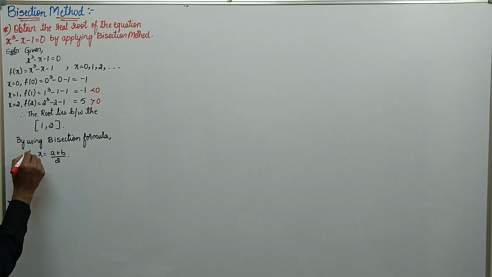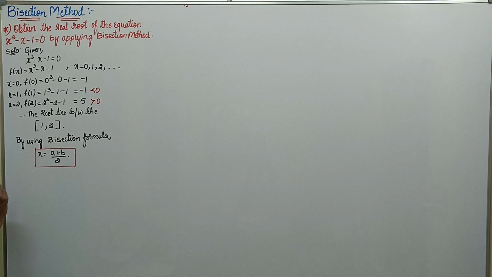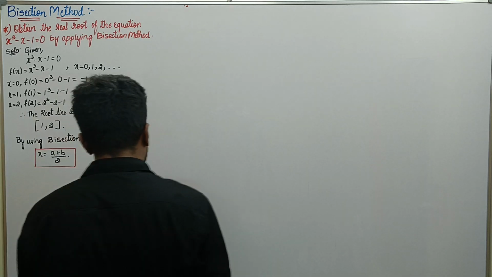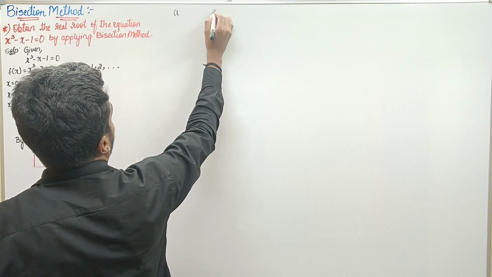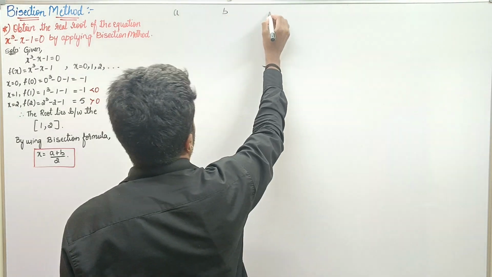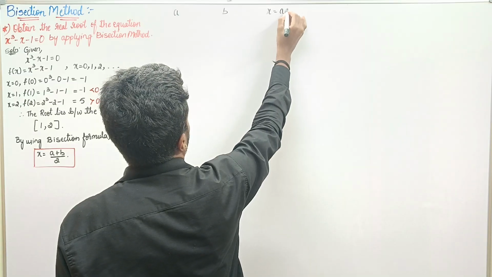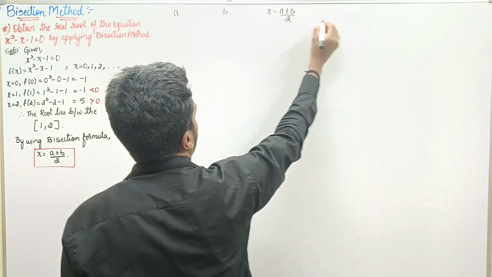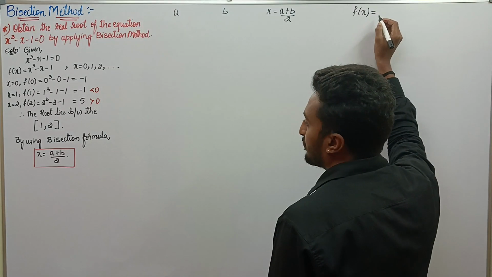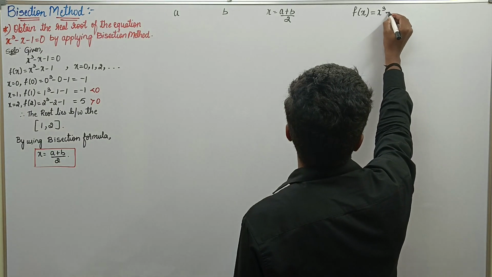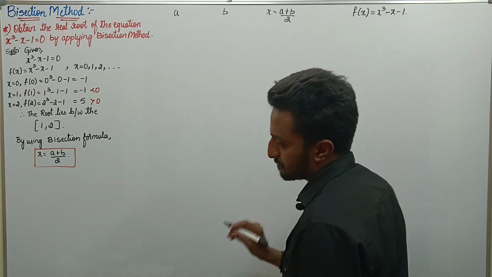How to simplify and how to represent the solution? Now let us see. First, before that, let us define the terms a, b, x equal to a plus b by 2, and f of x, which is x cube minus x minus 1.